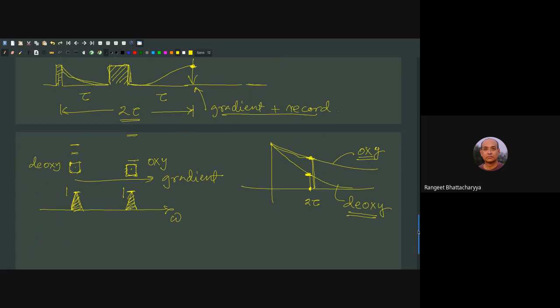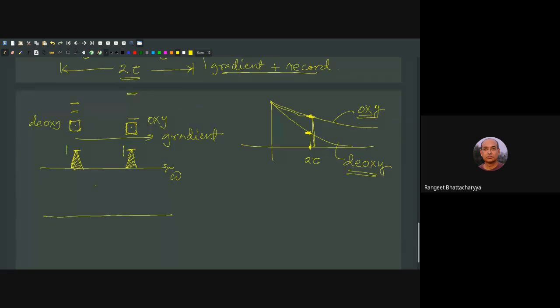So instead of our control spectrum, where both are equally intense, assuming initially both were deoxygenated, then what will happen? After this, both will have this much intensity. So I will have some intensity here, small, some intensity here, small.